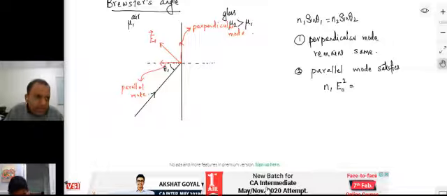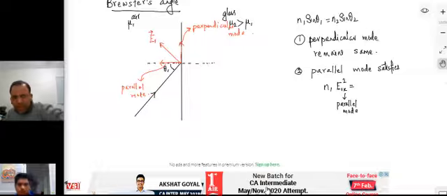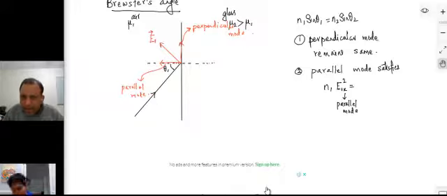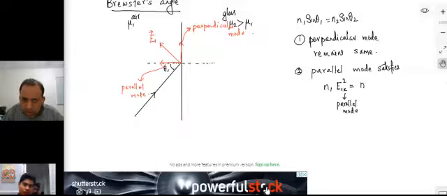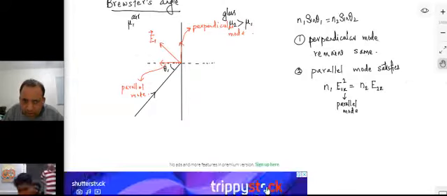Let me write this as E1x. Okay, so this means the parallel mode. The X component of this squared times N1 is equal to N2 times the same component squared.